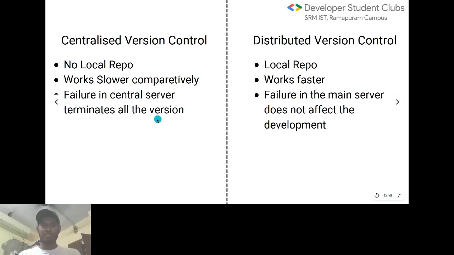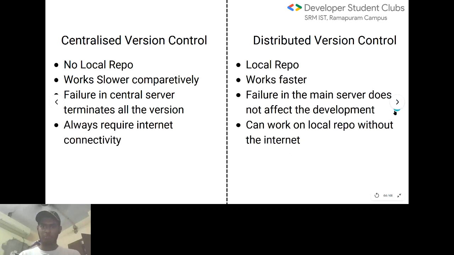So if the central server gets shut down, or any bug or failure happens, then the entire repo connected to it fails. But in distributed, each and every developer has their own repository. So a failure in the main server won't affect their repository, or their working copy either.